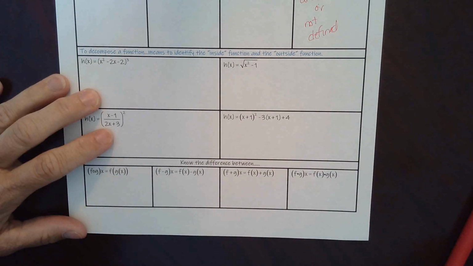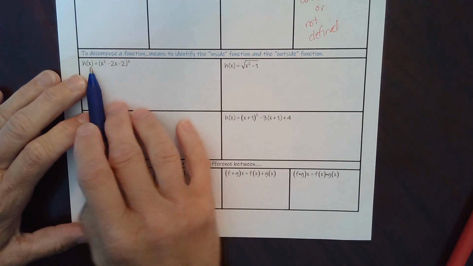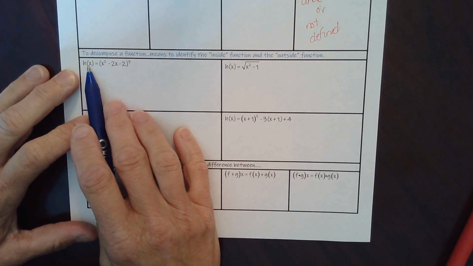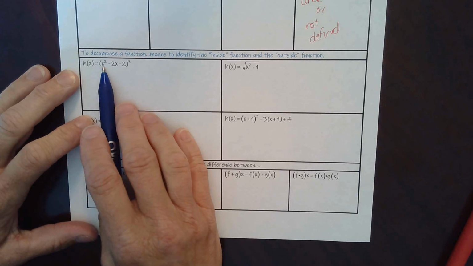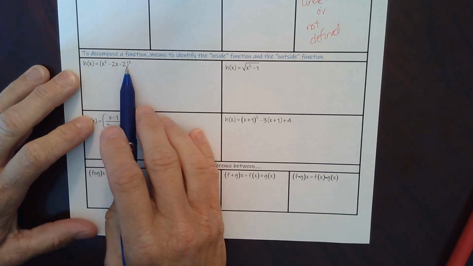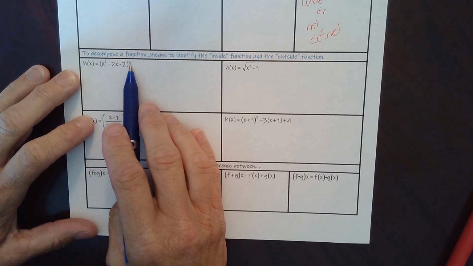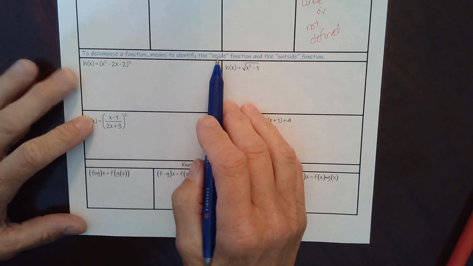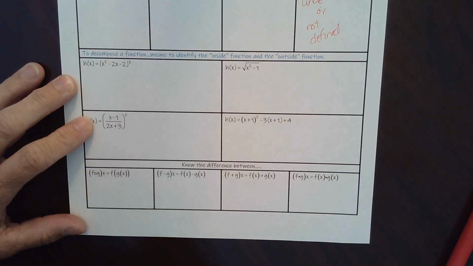So, all right, we're going to take a look at a function that is defined as h of x equals the quantity x squared minus 2x minus 2, all raised to the third power. And I want us to identify the inside function and the outside function. And so here's what I want.